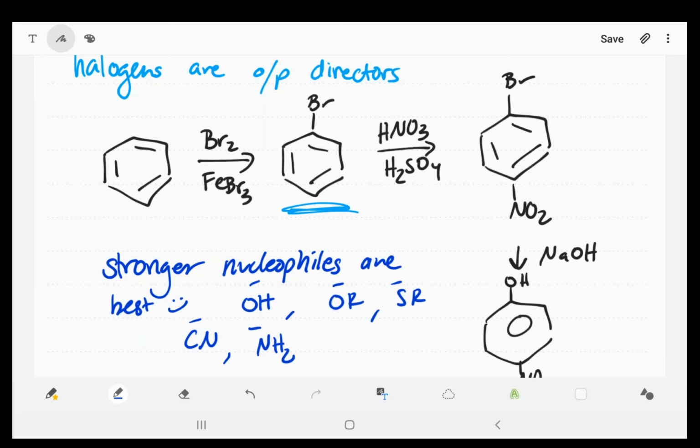So remember last time I told you, if you have an amine on your benzene and you try to nitrate it, you're going to end up with a mess, because the conditions for nitration will also react the amine group. So this way, if you do put the nitro on first, then you can substitute in the amine nucleophilically instead. So lots of interesting things you can do with these.